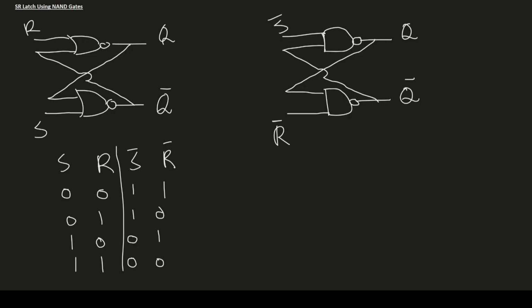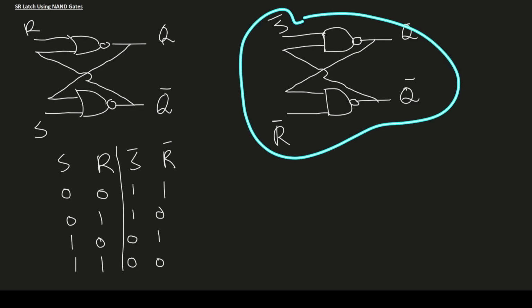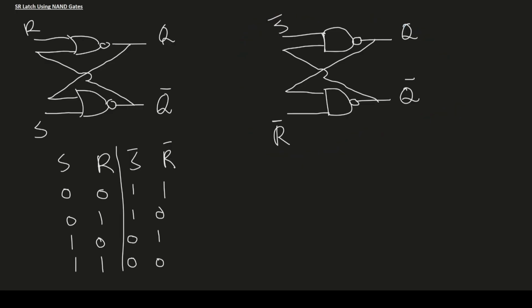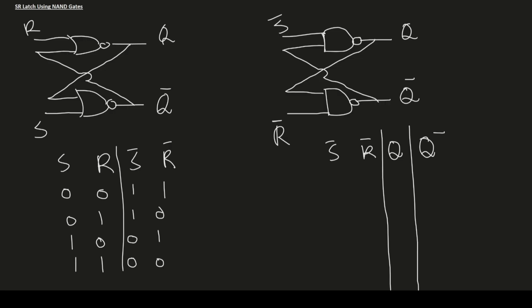Now let's derive the state table of this circuit. This is S bar, R bar, and then we have Q, the current state of the system, and we want to figure out the next state.